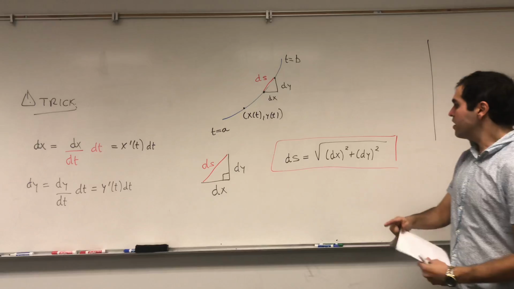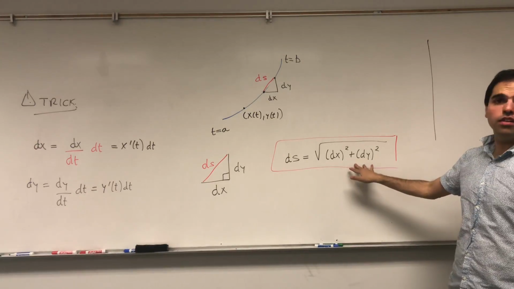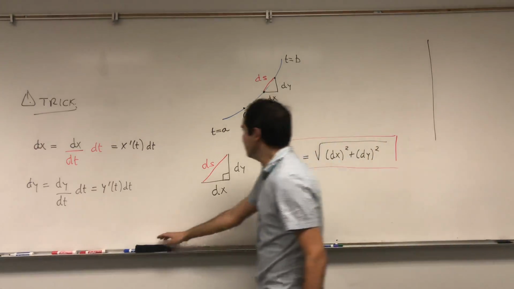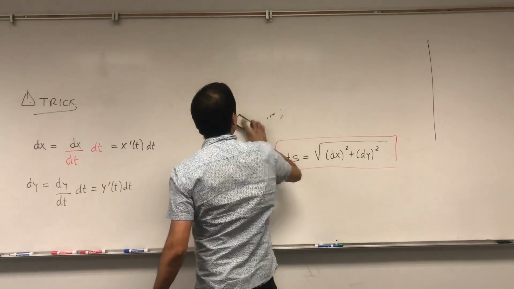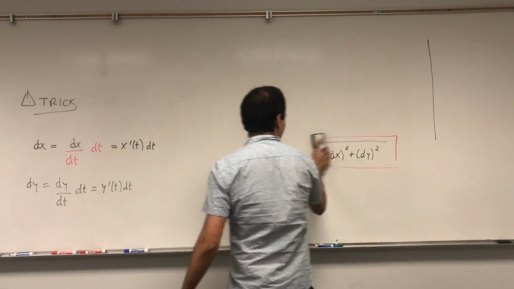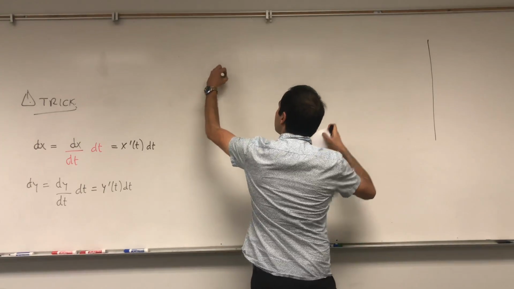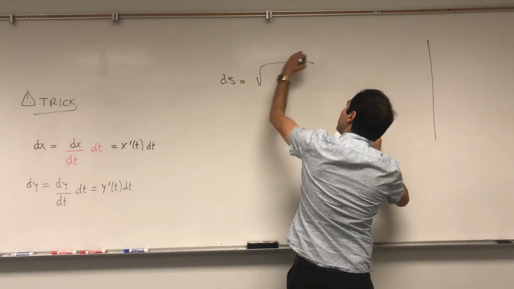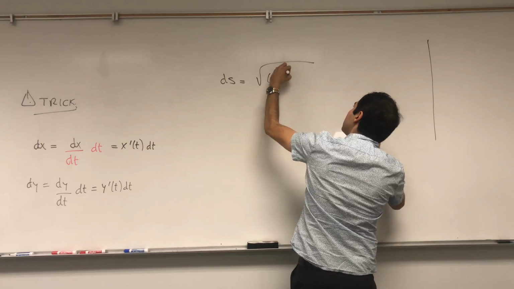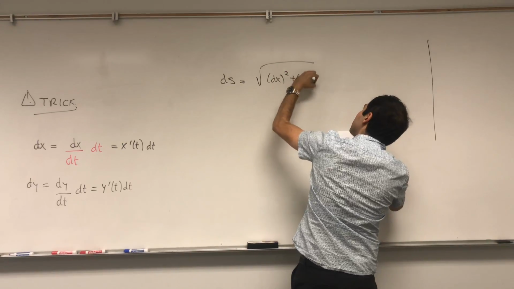And so using this, all we need to do is plug in the formula for ds. Then ds is again the square root of dx squared plus dy squared.